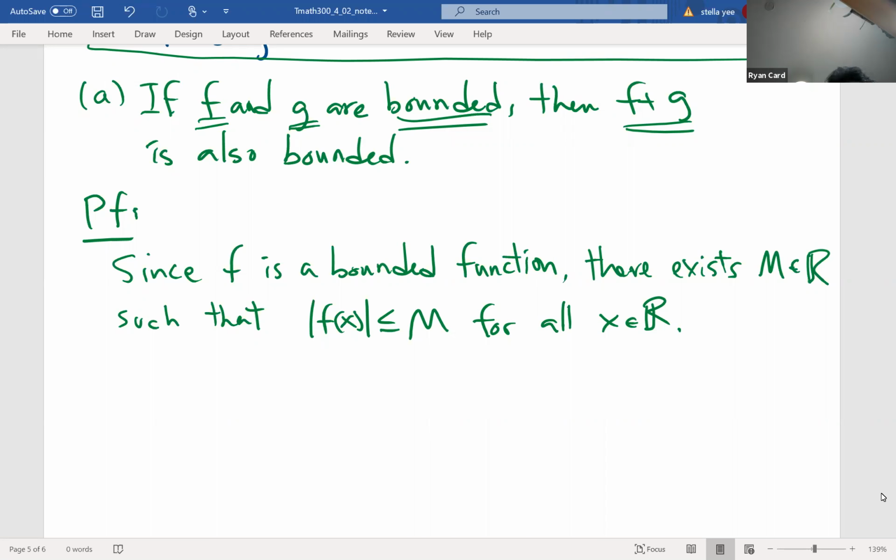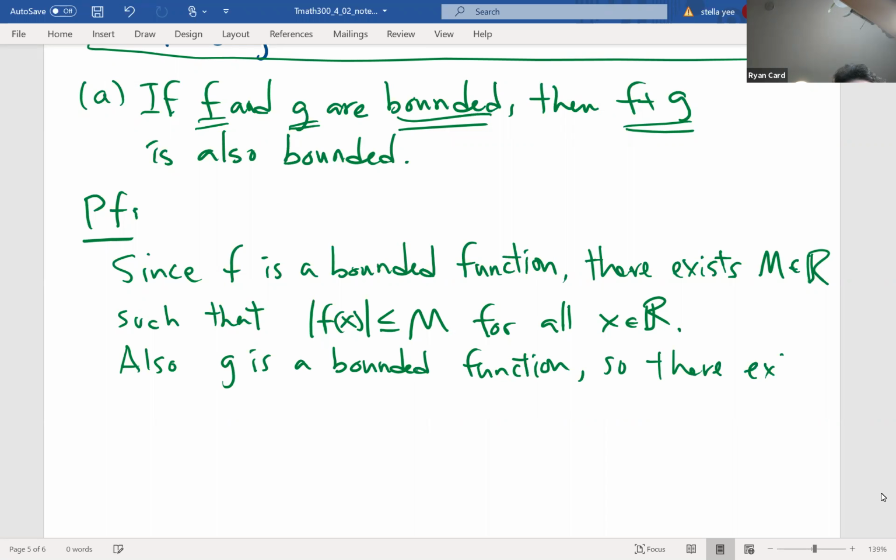g is also bounded, so I can say the same thing, right? g is a bounded function, so there exists another constant, but the constant for function g does not have to be the same as the constant for function f. So I'm going to use a different letter.